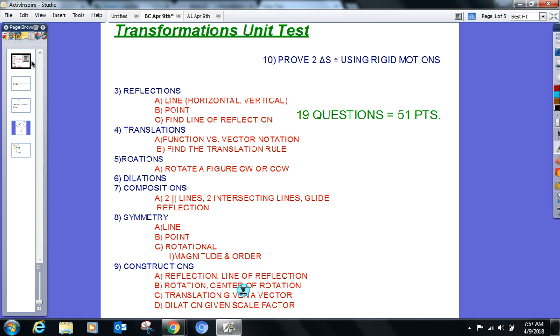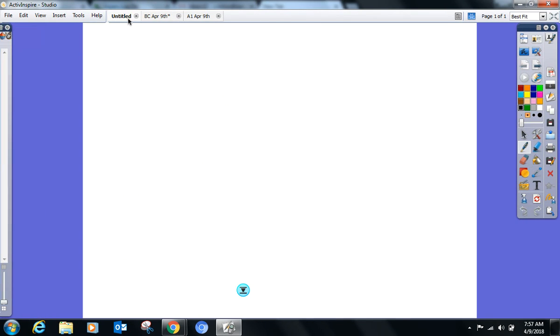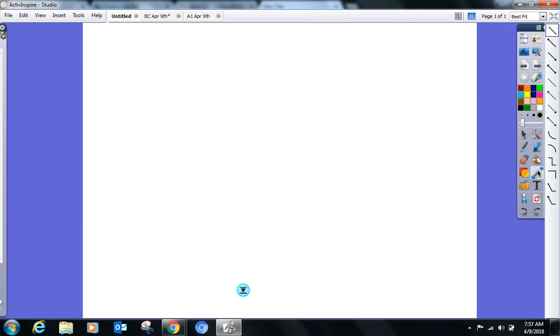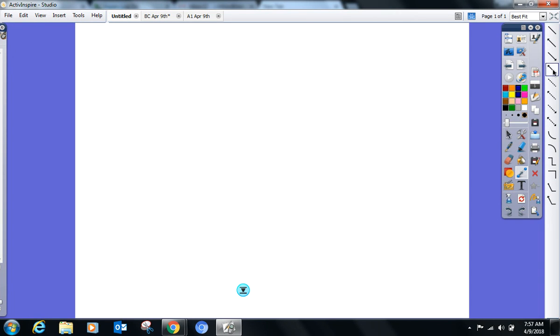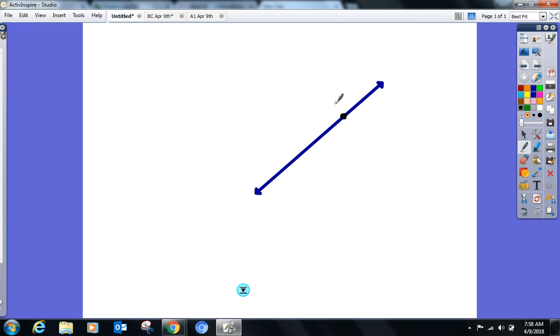It could be on the line, which means it stays the same line. So if I say, let's say I have this line right here. Here's a random point P on the line.